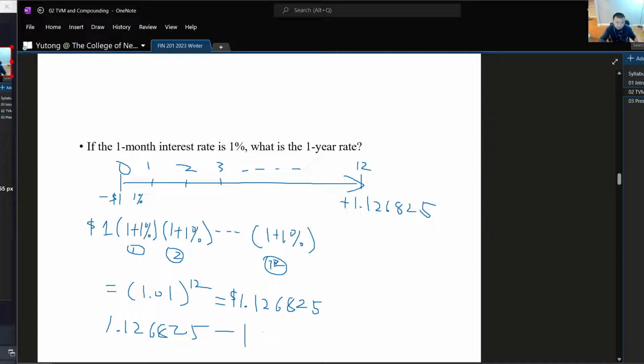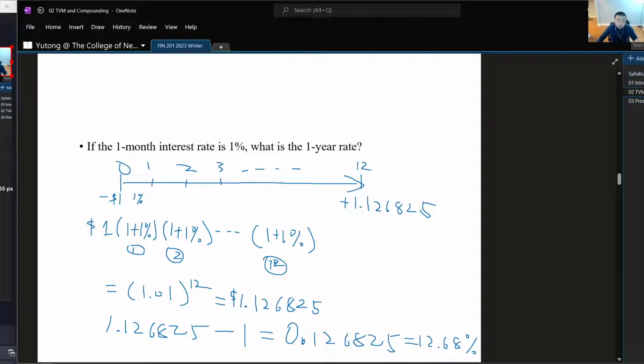Because I put up $1 to get 1.126825. So for every dollar, I'm getting 1.126825 in the end. So what's the rate of return? We just need to use it to minus 1, which is 0.126825, which is 12.68%. Okay, so this is a 1-year rate.